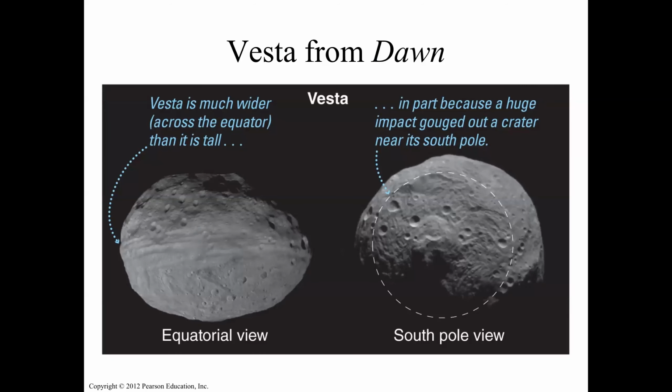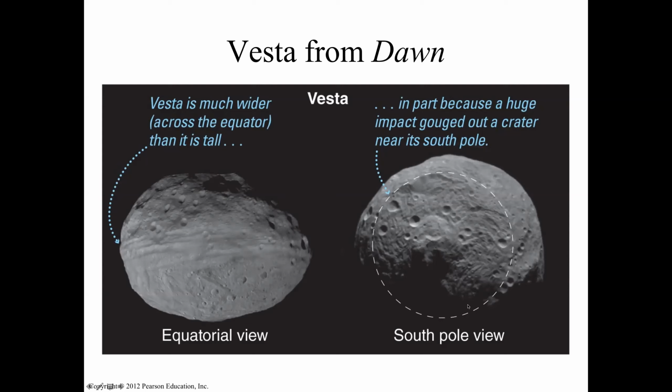Now, asteroid Vesta from Dawn. Dawn was the spacecraft mission that was sent to the asteroid to study it. So now Vesta is much wider across the equator than it is tall. So it looks like something like this. This diameter is much more compared to this diameter. Okay, this is the equatorial view.